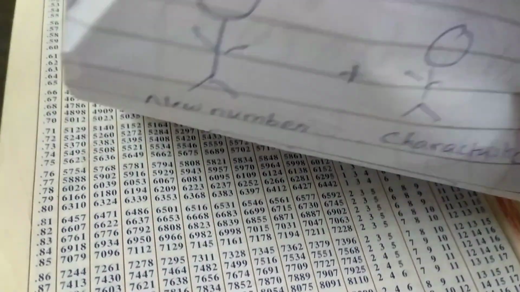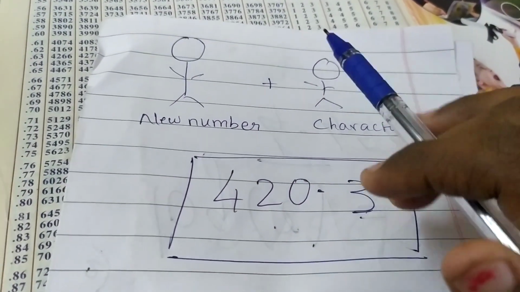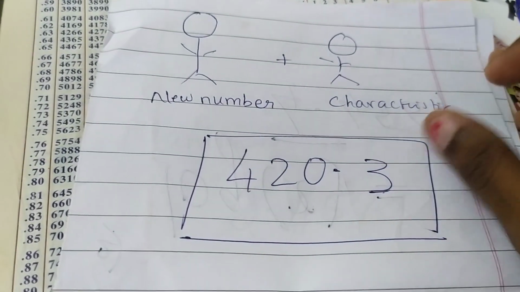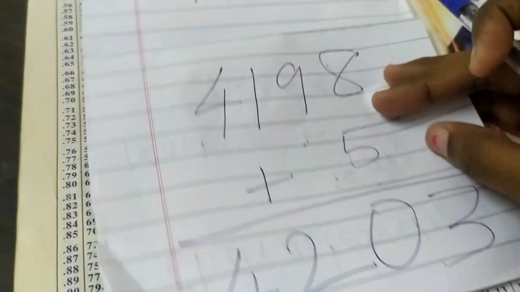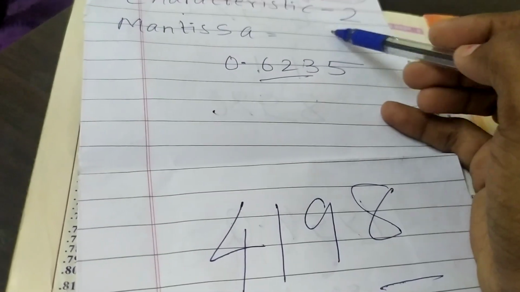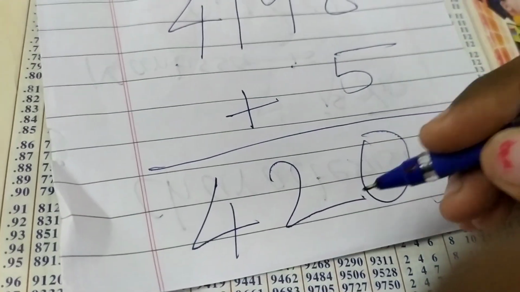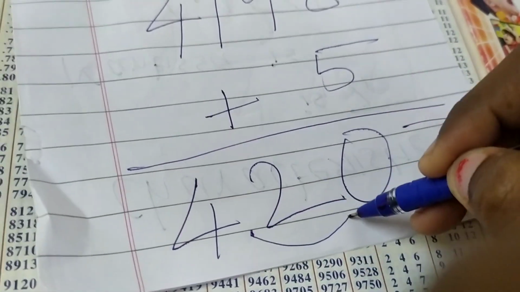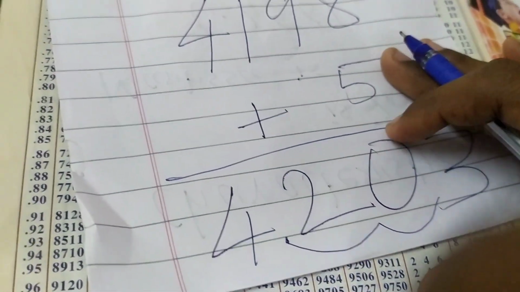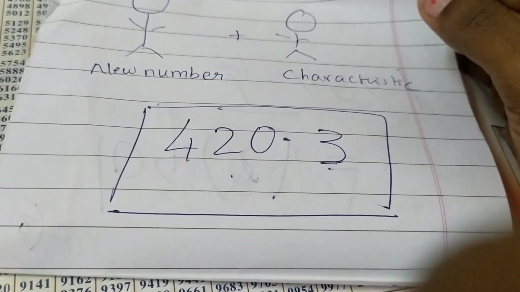So the last step is, in writing the antilogarithm, we have to combine this new number with the characteristic. The new number is 4203, and the characteristic is 2. So characteristic 2 means you consider a decimal point here and move that point 2 digits, so you will get 420.3.